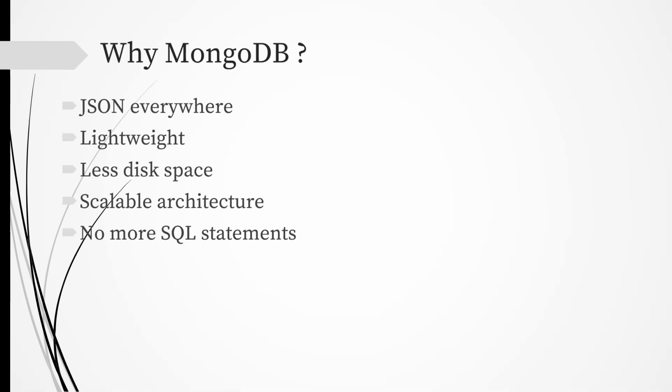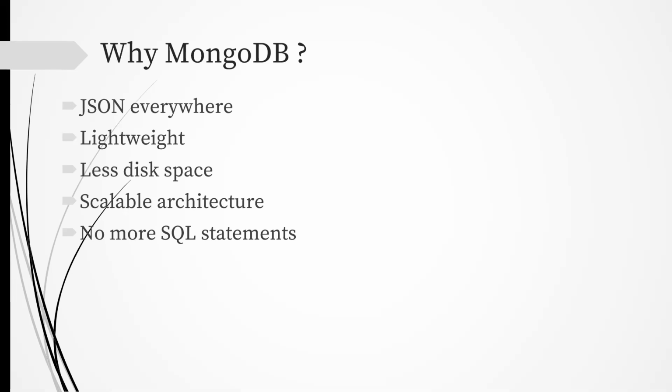Then why do we use MongoDB? In MongoDB, each and everywhere there is JSON, meaning the data is stored in the format of JSON. It is lightweight. Less disk space is required for MongoDB. It has a scalable architecture.